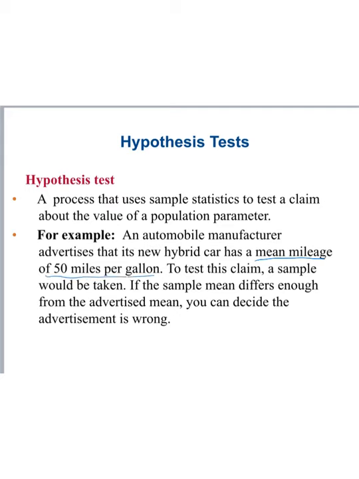So they just made a claim about the population mean. To test this claim, a sample would be taken from the population. If the sample mean differs enough from the advertised mean, then you can decide the advertisement is wrong.